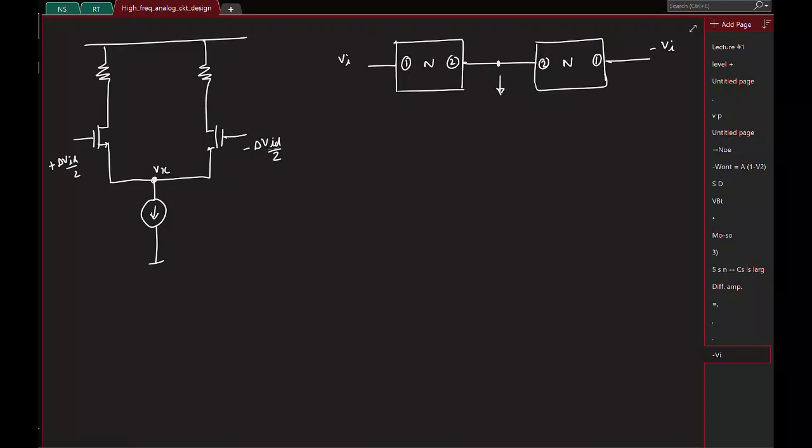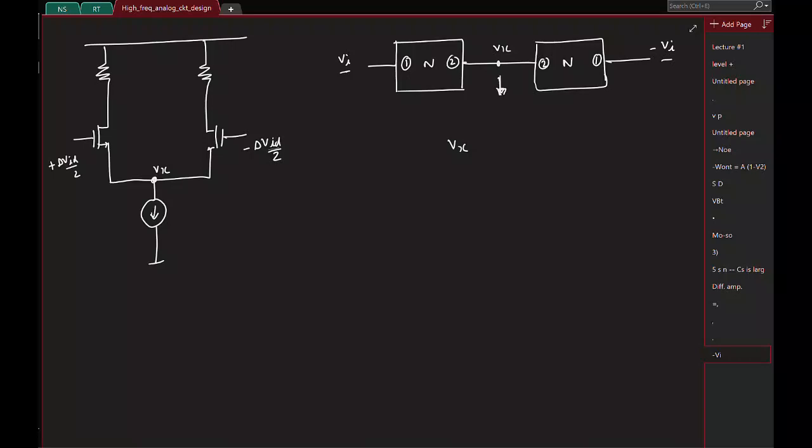Let's say I call it Vx here. There is only Vi here and minus Vi here, so what Vd are you talking about?